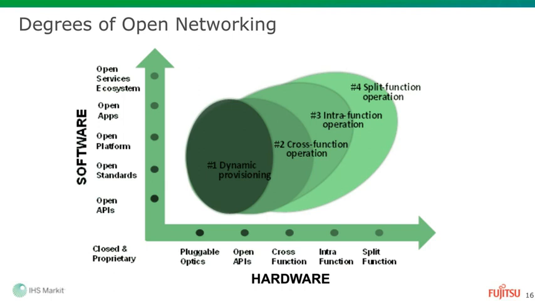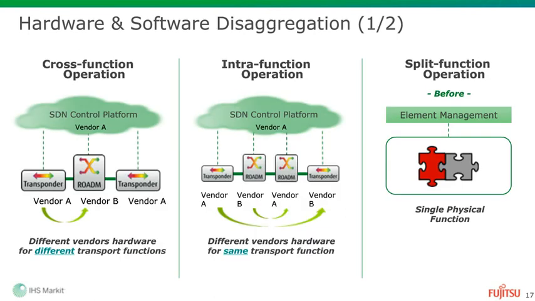And just as the hardware has seen a progression in openness, so does the software. So here we see the different progressions of openness as in different mixes of design within the networking layers. The first step in this level of openness is to develop a dynamic networking or provisioning with multi-vendor and multi-layer control across your access, transport, and switch layer.